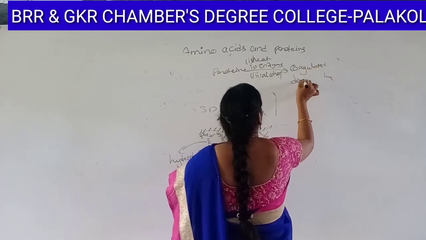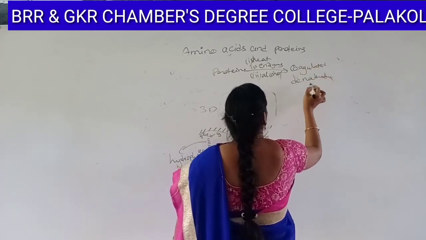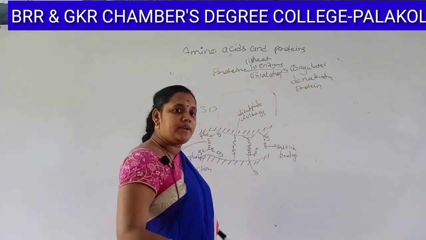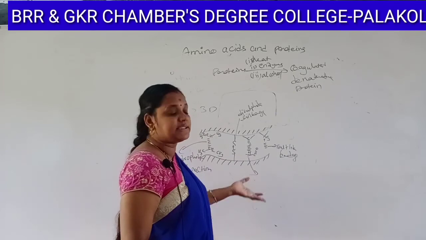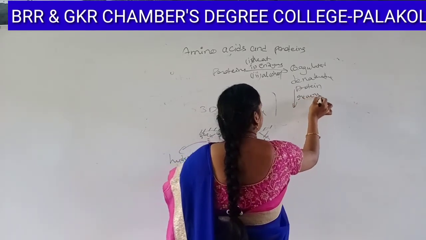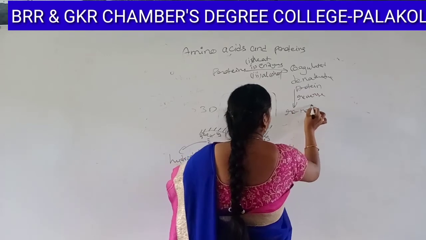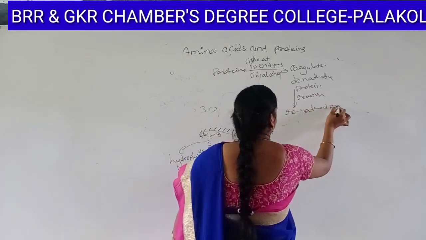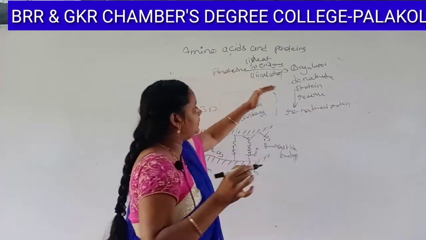This is called denatured protein. This denatured protein may remain as it is in some cases. In some cases, it can be reversed and becomes renatured protein. That means the protein will be back.